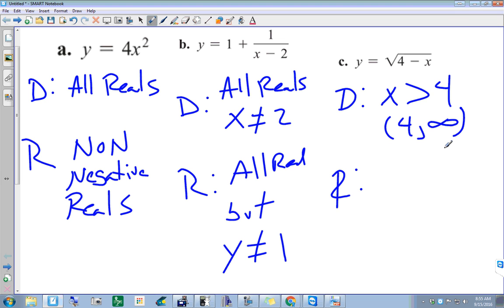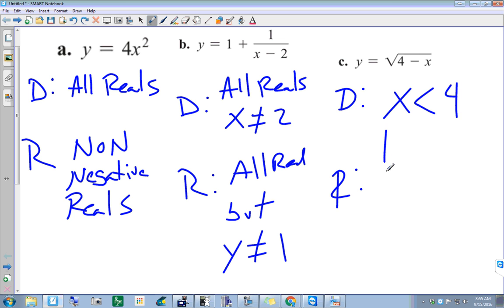Oops, I screwed up. You see it? What did I do? It's supposed to be less than 4. I put into it what cannot be, right? I got to change it and put in what it can be. So I really should have x is going to be less than 4, which makes it look like this.